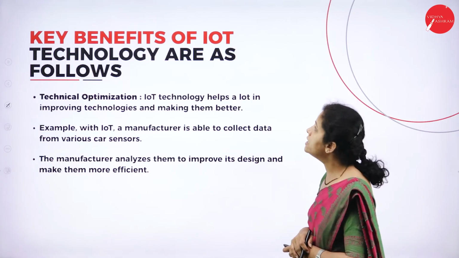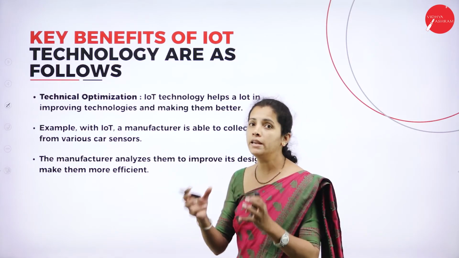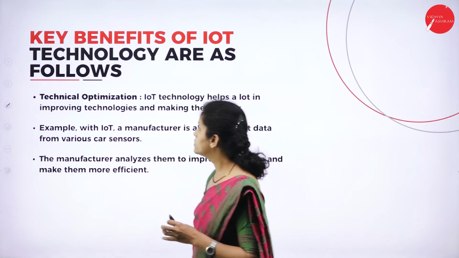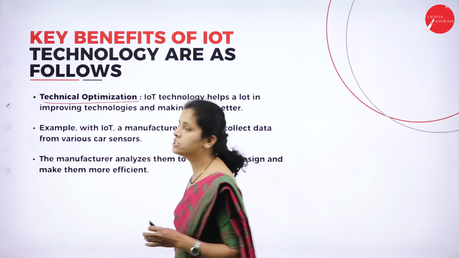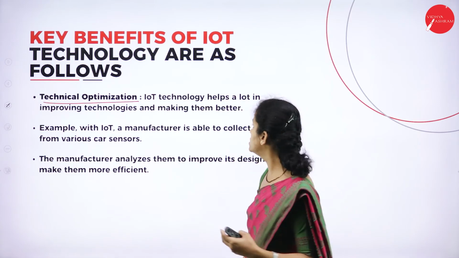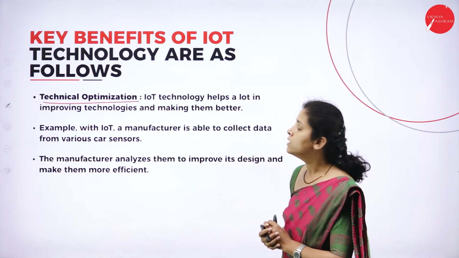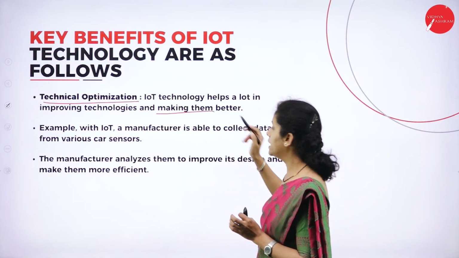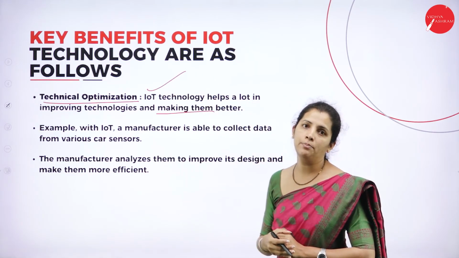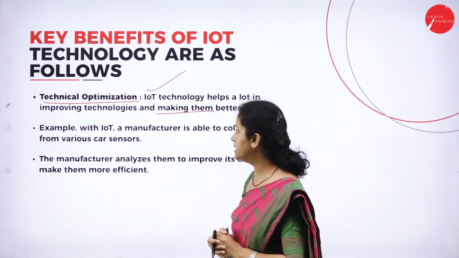Now the key benefits of IoT technology, that means what are the benefits when we use IoT. The first is technical optimization. Technical optimization means we use technologies to improve technology as well as marketing. So IoT technology helps a lot in improving different kinds of technologies as well as marketing.